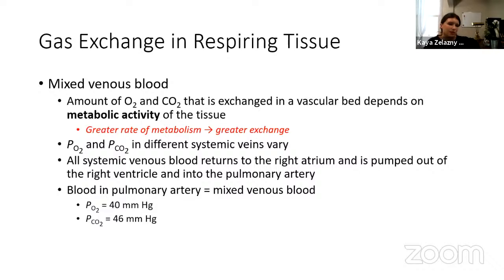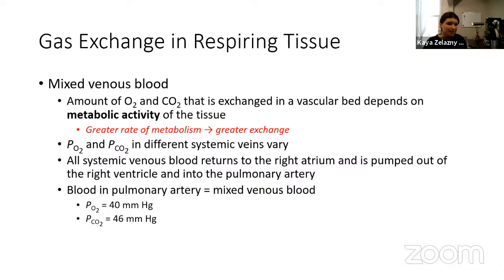This means that if you were to look at a specific vein, like a vein in the arm versus a vein in the liver, you might also see different values for your partial pressure of oxygen and your partial pressure of carbon dioxide due to differences in metabolic activity of that tissue.